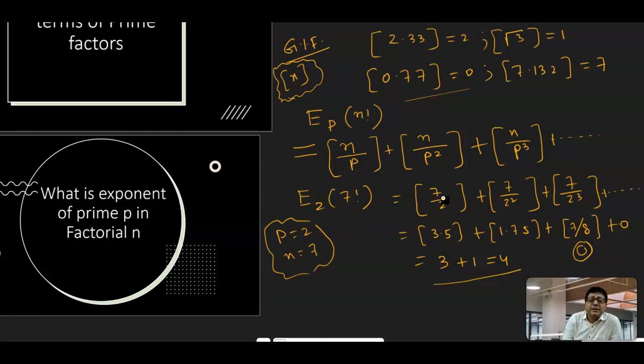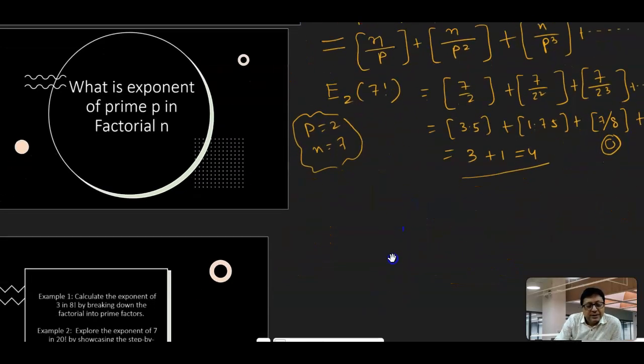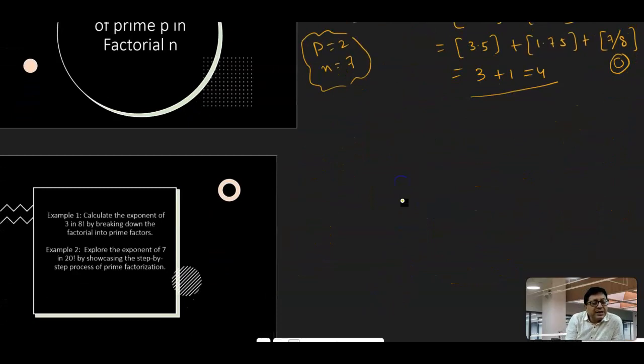Any factor, how many times it occurs in factorial n, that you can find. Obviously that number will be less than n. So for a question like this, calculate the exponent of 3 in factorial 8. We are going to get it by E3 of 8 factorial. How will I write?